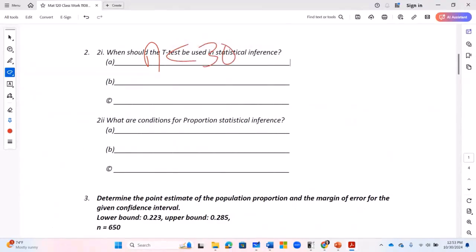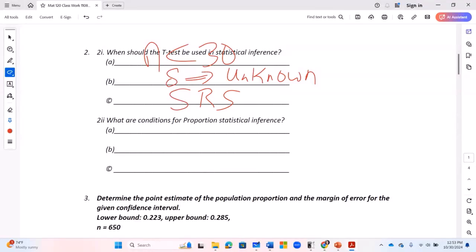If sample size is greater than 30, it's now a big sample, I can use normal distribution. And population standard deviation is unknown. And sample must be from a simple random sample. In other words, it must be from a normal distribution.